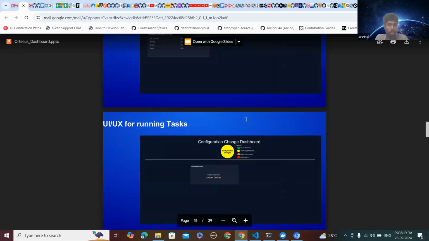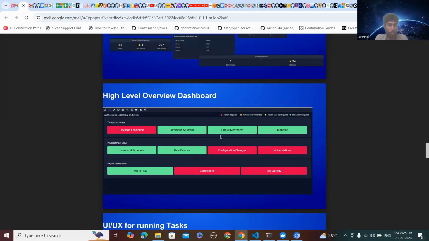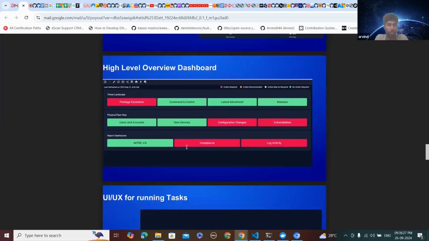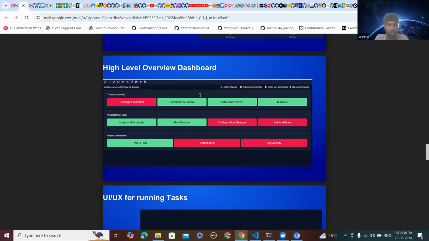You can't miss it. There it is. So slide 18. If you could copy that slide and drop it into Discord and say we need to fill out what we want our boxes to be.